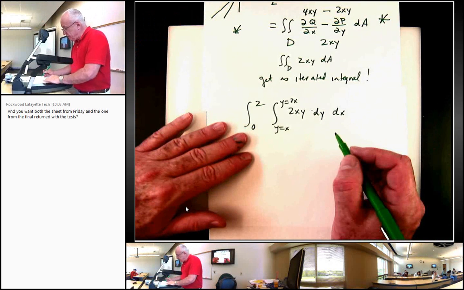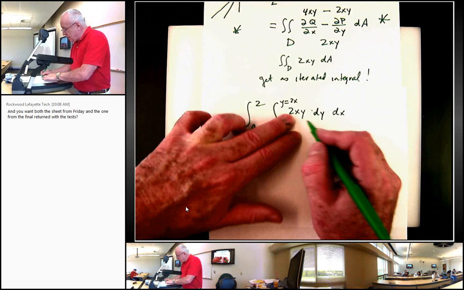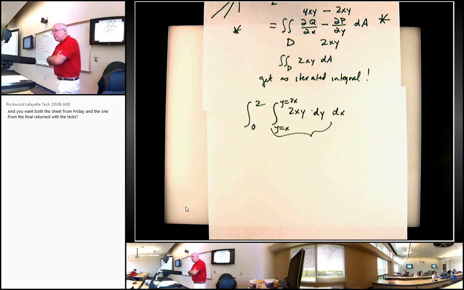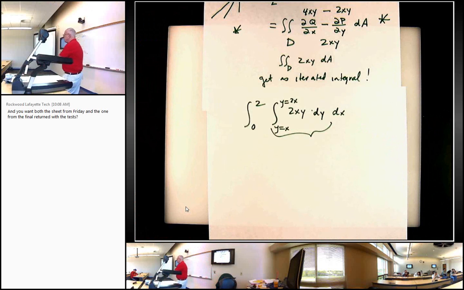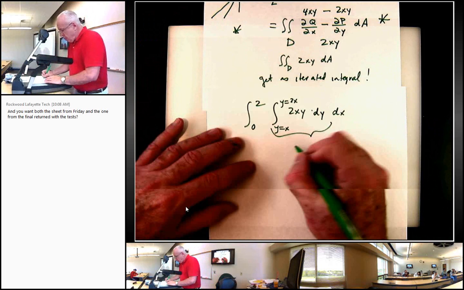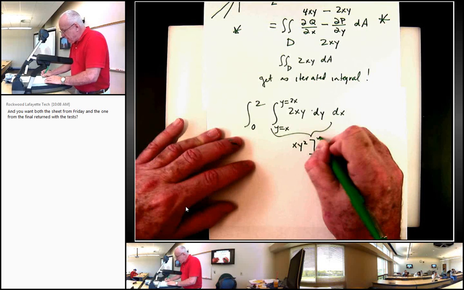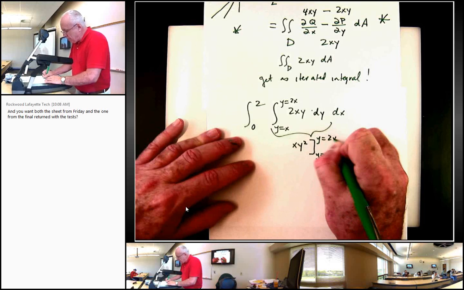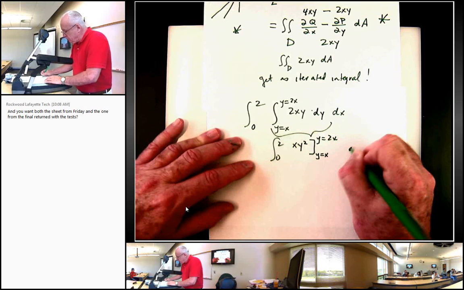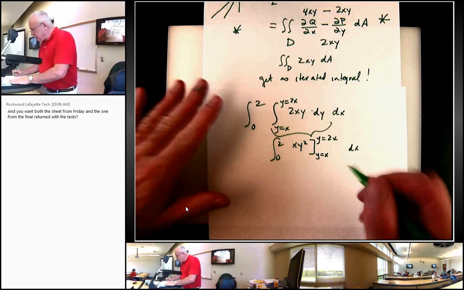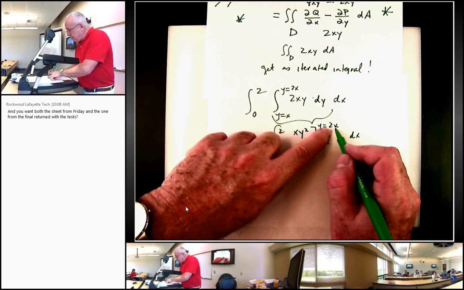I'll just go a little way with this, and then I think we can all figure out the rest of it. So now we do the inside integral first. What's that antiderivative going to be with respect to y? Yeah, xy squared. And then the bottom is y equals x, y equals 2x on top. Outer is 0 to 2 dx. Then I'll plug this in and stop. So the top one is 2x.